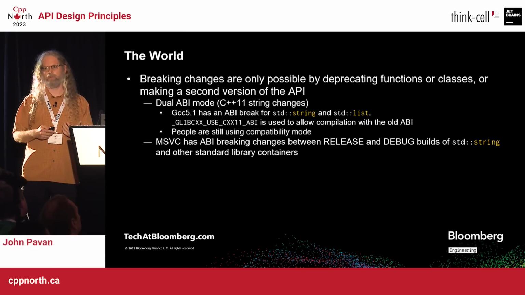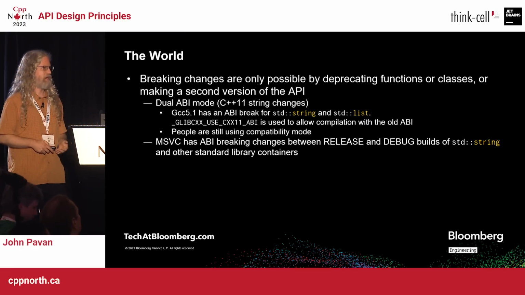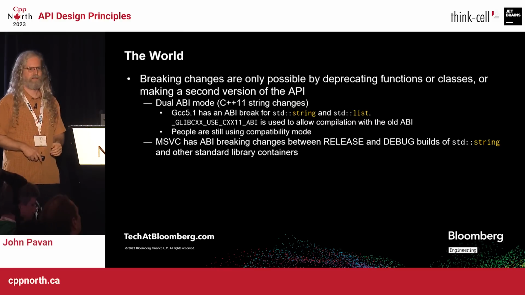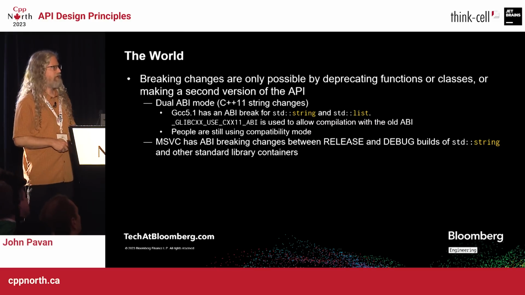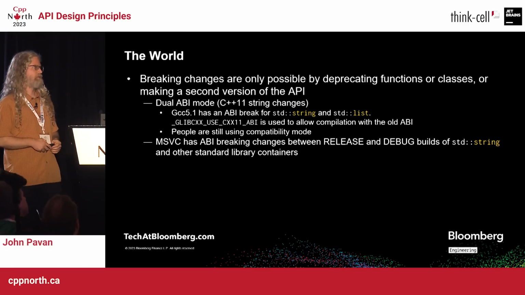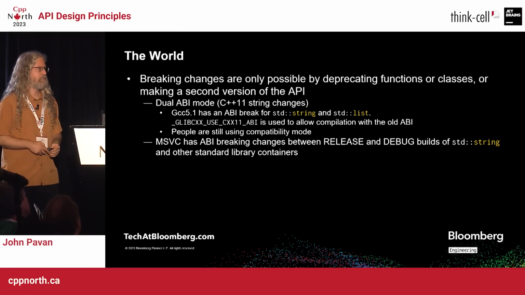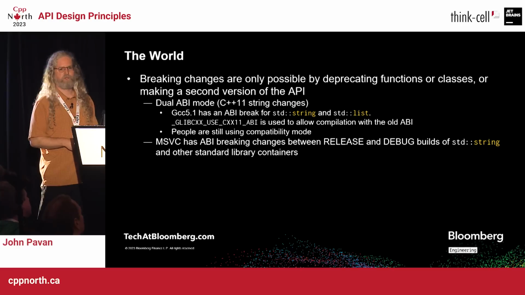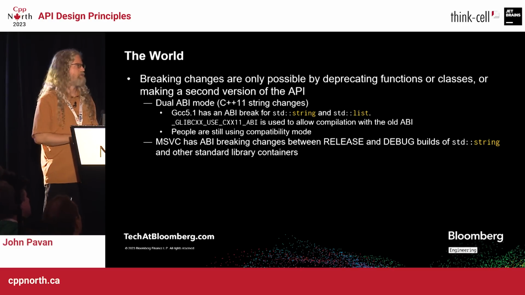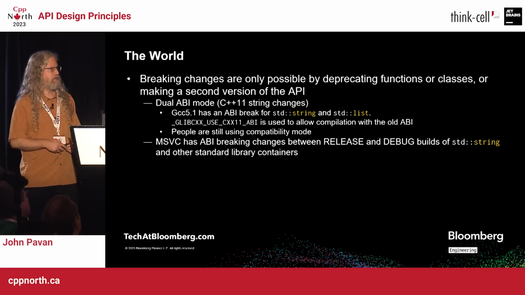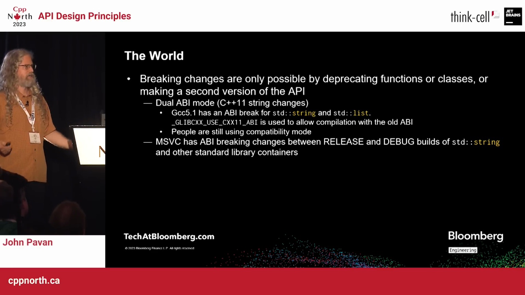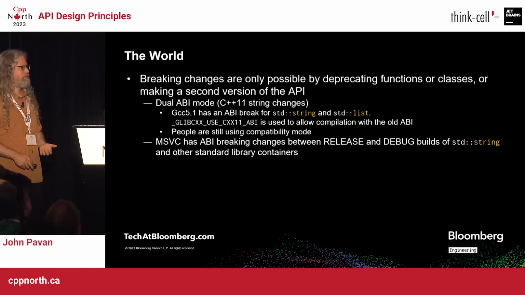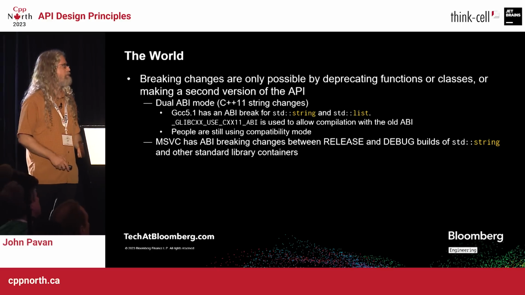And as far as I know, people are still using this, although it's possible that maybe everyone has gotten off of it, but last time I checked, they had not. Microsoft Visual Studio has ABI breaking changes between release and debug builds for most of the standard containers, or a good portion of the standard containers. And therefore, you need to be very careful about mixing the release and debug statuses when you're working on Windows development.